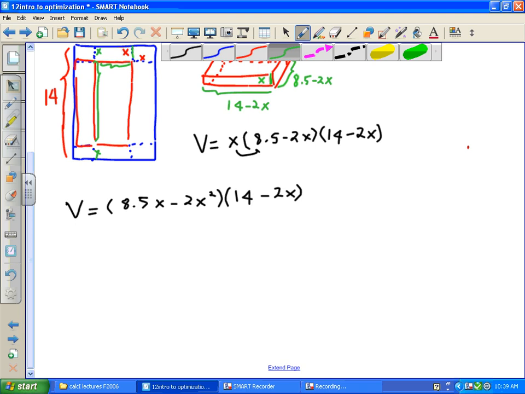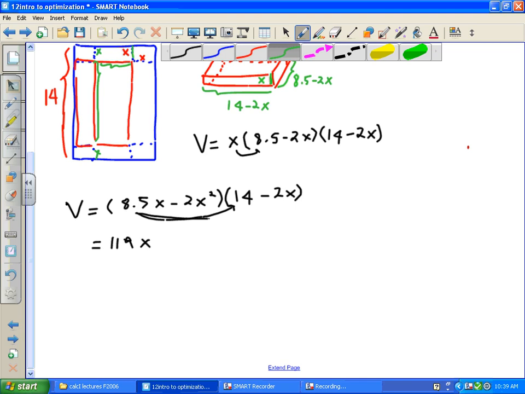Okay, so let's try to do this like a FOIL. Or just go in any order you like. So like 8.5x times 14. Let's see what that is. 8.5 times 14 is 119. So we're getting 119x.